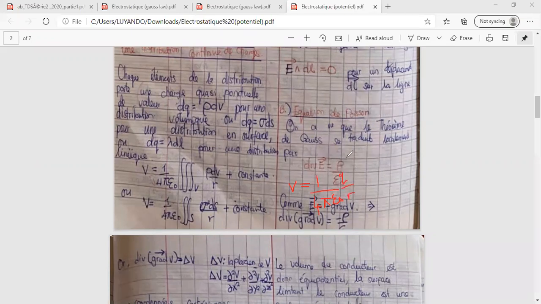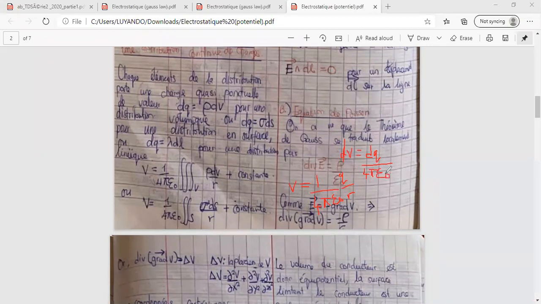So when we're trying to calculate dV, we're going to have dV equals dq over 4 pi epsilon 0 r.